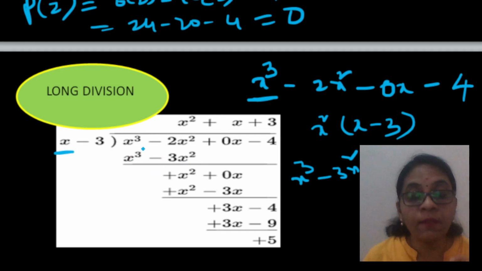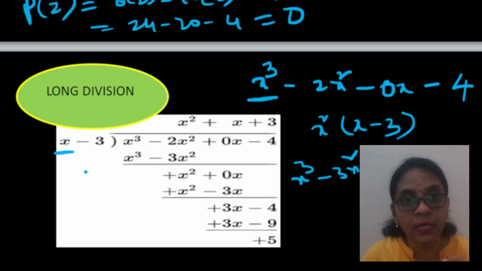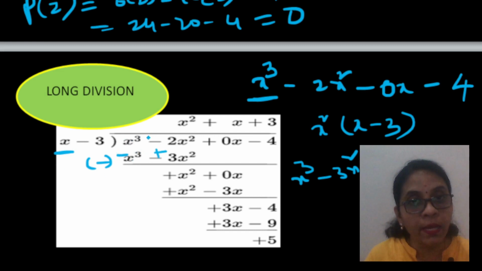Now here, if you remember in your smaller classes, you did subtraction and there was a change of sign. So x cube minus x cube gets cancelled. Minus 2x square plus 3x square becomes plus x square.